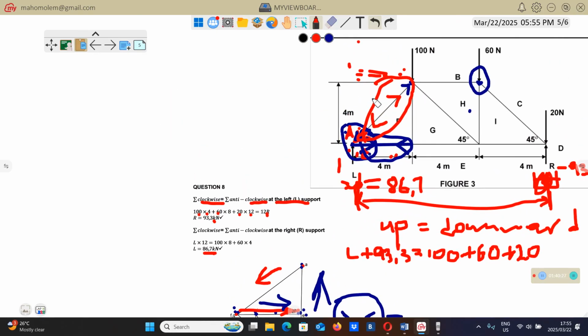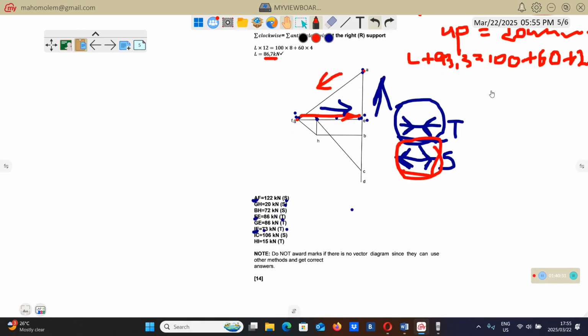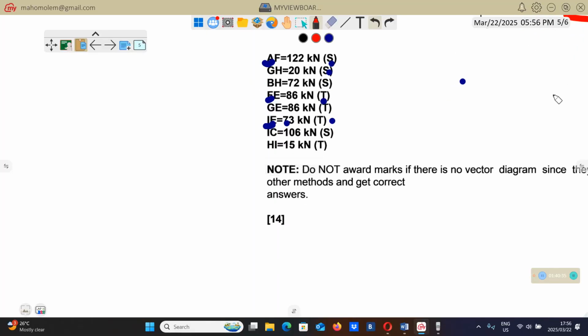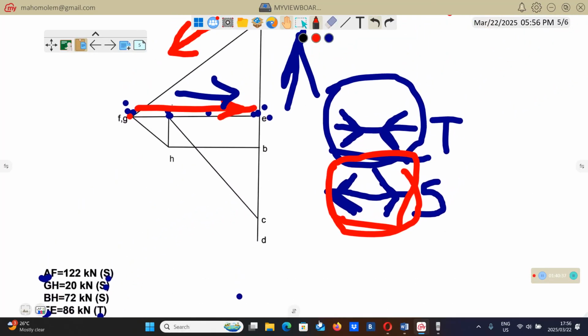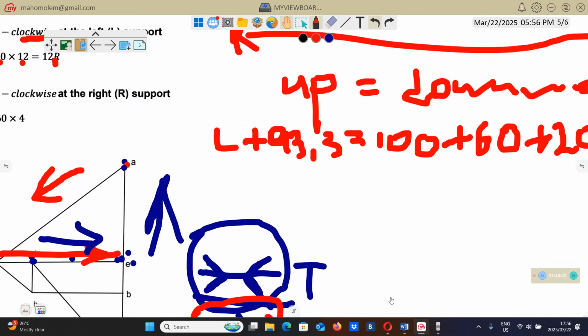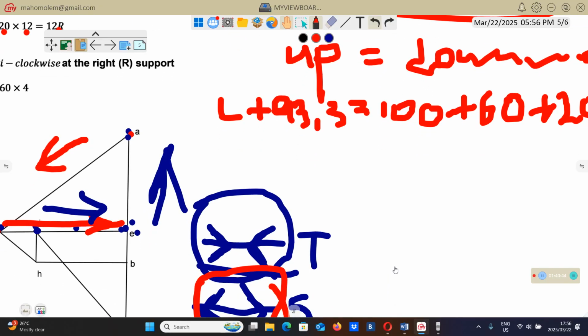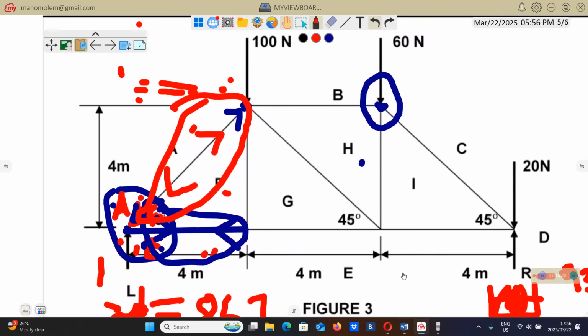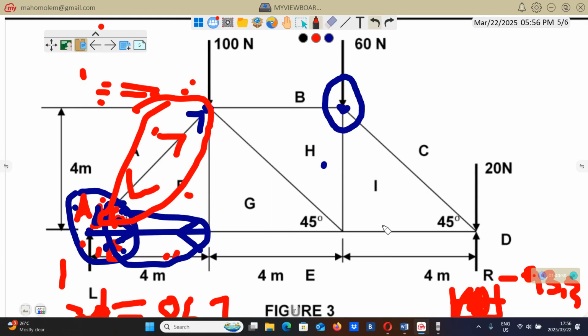So that's why AF here will be a strut. And we'll go to the next joint, another joint. It will be the last one, since you can see this video is taking long. Due to that, I'm going to the last point. Let me use this point that is already circled here.